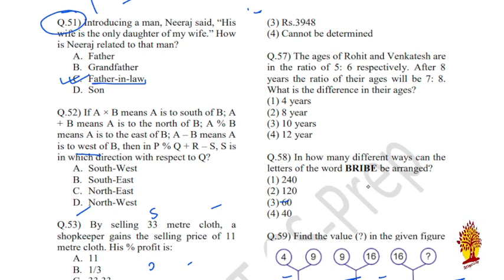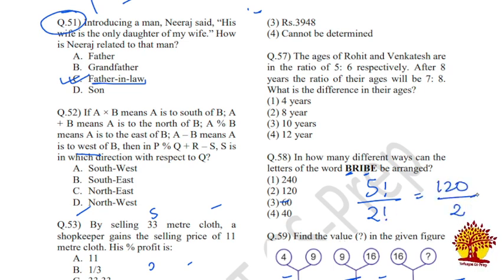So answer is 5 factorial divided by, B has repeated twice, so divided by 2 factorial. Answer is 120 divided by 2, 60. Option C, 60 is the right answer.